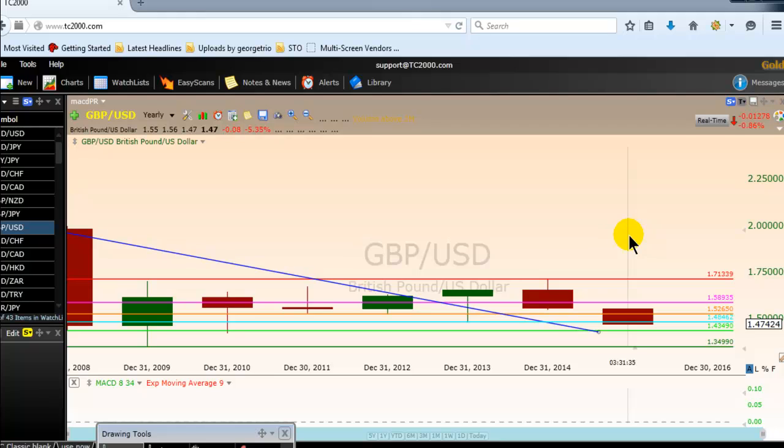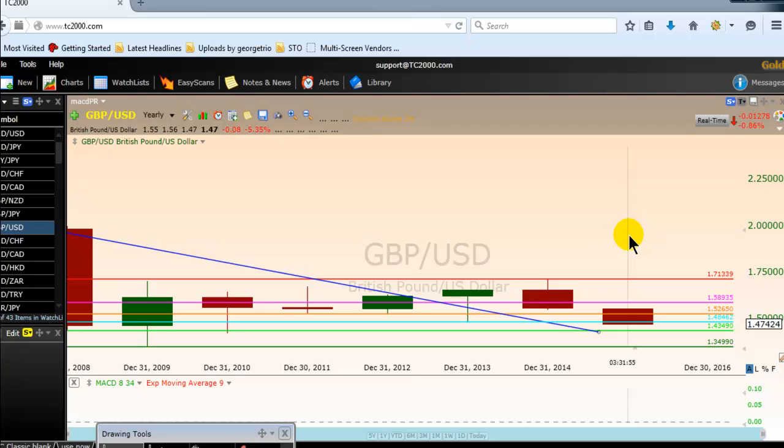If the economy of the United States is doing better than the economy of the United Kingdom, the pound dollar is likely to go down. On the other hand, if the economy of the United Kingdom is doing better, the pound dollar is likely to go up.